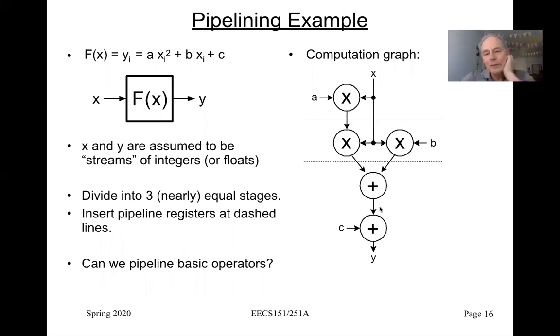This could be a fairly expensive computation in terms of space. Multipliers are big, adders are fairly big. Registers are relatively small. So we increase the performance of this circuit by approximately 3x for a small increment in cost. So it's a very good trade-off between cost and performance.